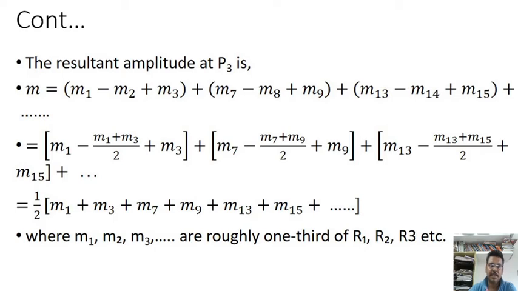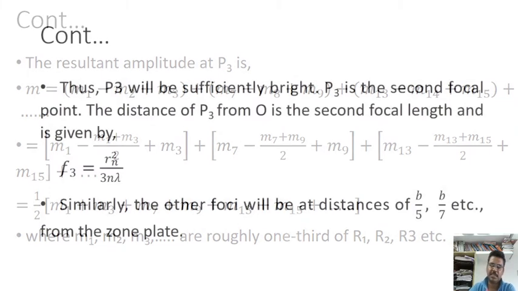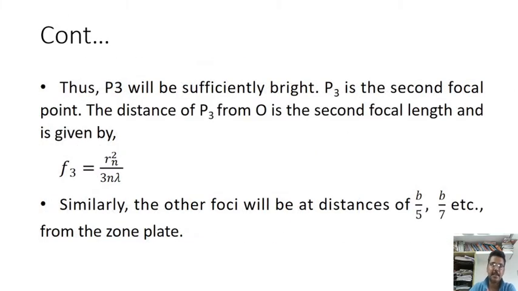Finally, m1, m2, m3 are roughly 1/3 of R1 or R3, etc. Thus, P3 will be sufficiently bright. P3 is the second focal point. The distance of P3 from O is the second focal length and is given by F3, which is equal to Rn square by 3n lambda.